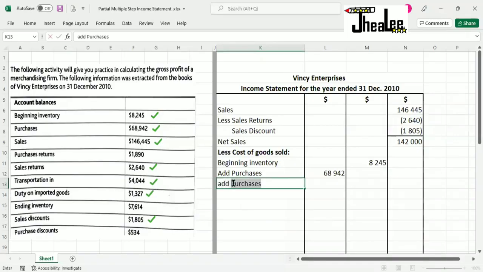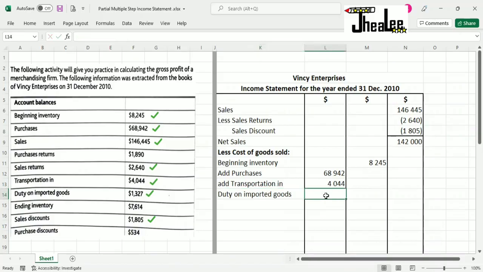So add transportation in, and the value for the transportation in is $4,044. And the other thing that increases the value of your purchases there is the duty on imported goods.